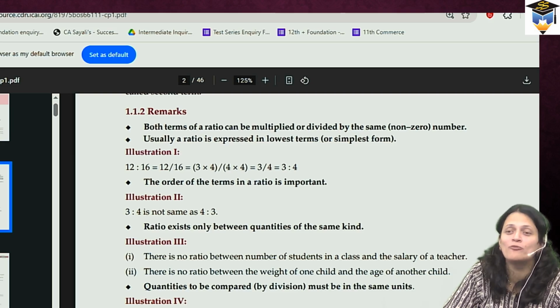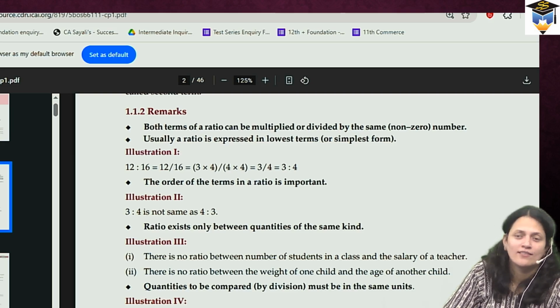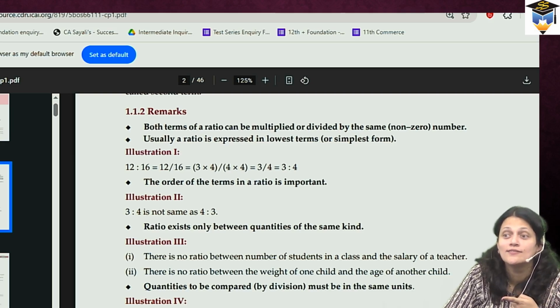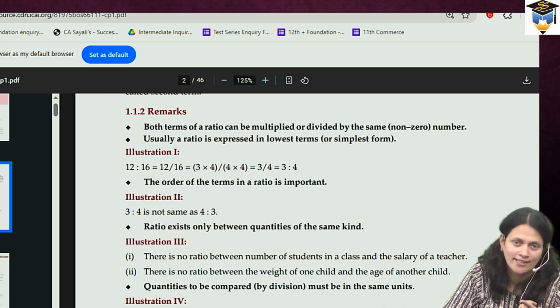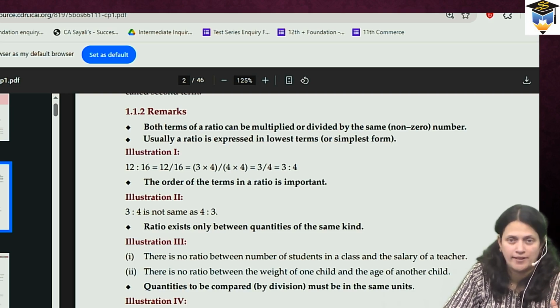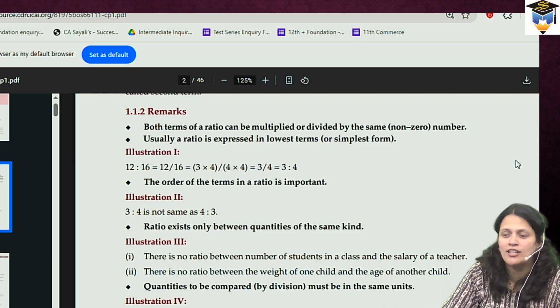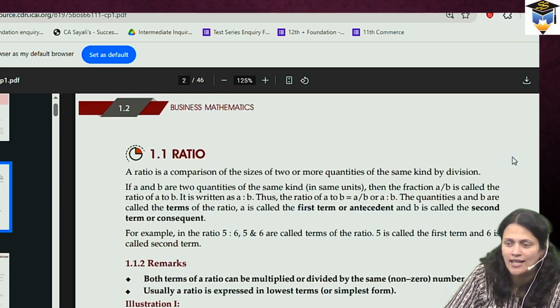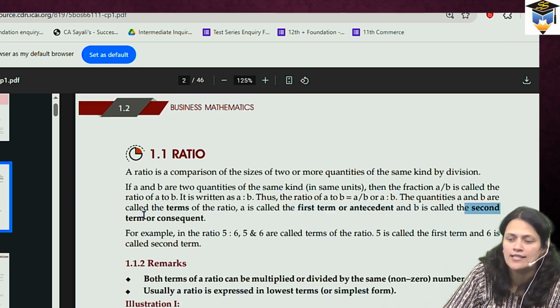The numerator part in any ratio is called the antecedent, and the denominator part is called the consequent. If such words are used, you should know, that's why I am telling you. First term is the antecedent, and the second term is the consequent.